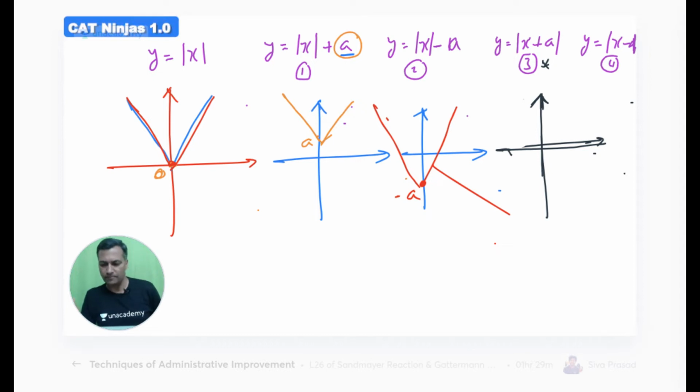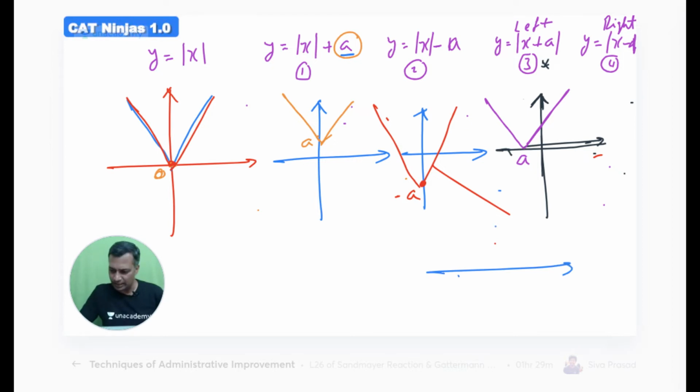Yeah, that is fine. Shifting it to the left, yeah. I think I was right. I simply erased it. I was right. Shift to the left by a units. The first one is left, the second one is right.